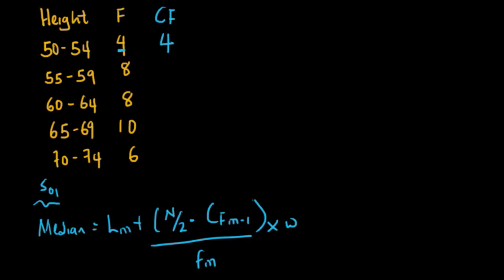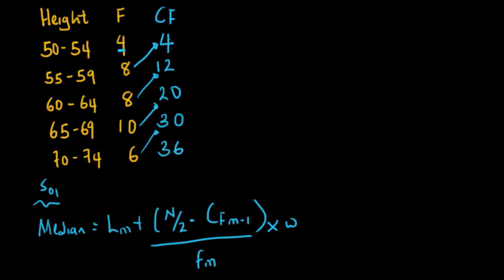So we have 4. But for subsequent entries, you add. 8 plus 4 is 12. Then you add again. 12 plus 8 is 20. Then you add again. 20 plus 10 is 30. Then you add. 6 plus 30 is 36.